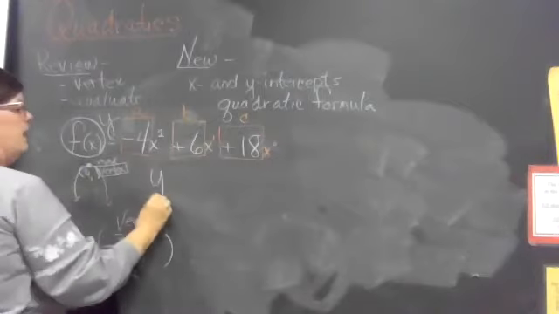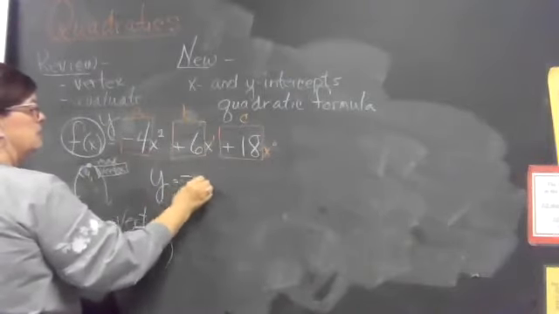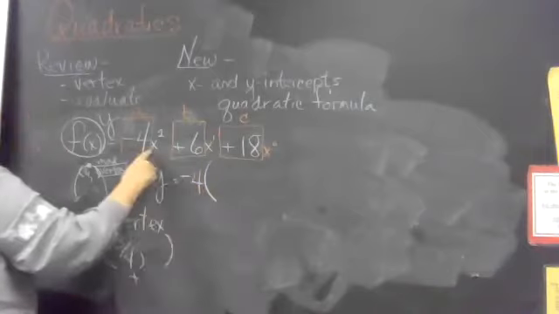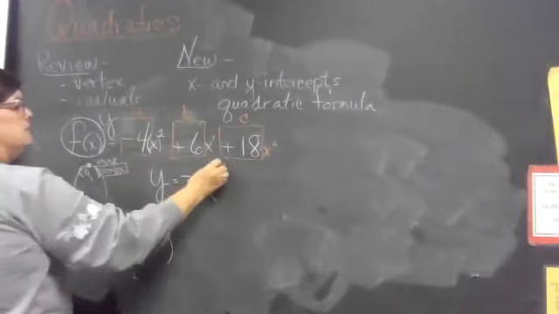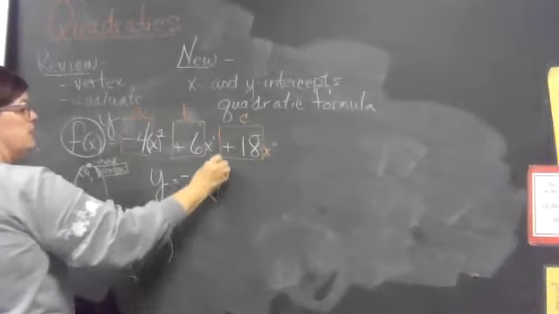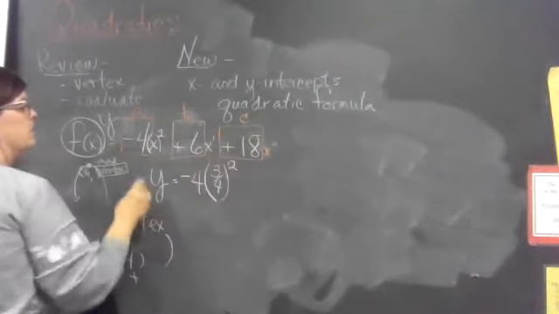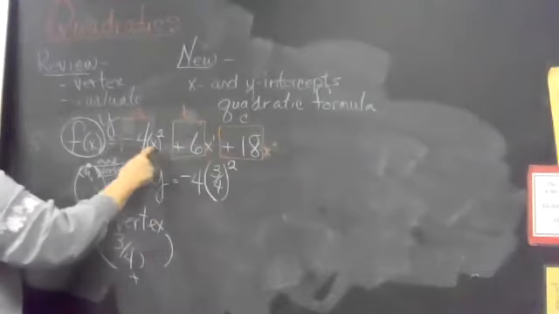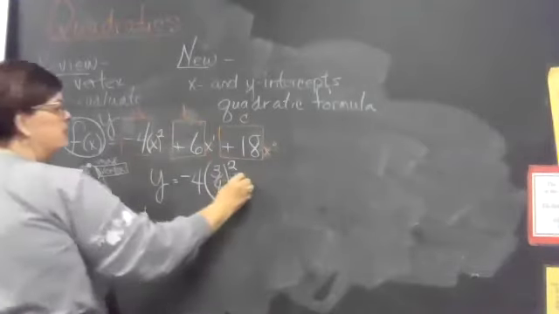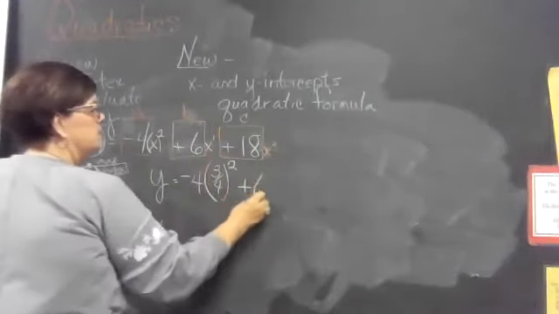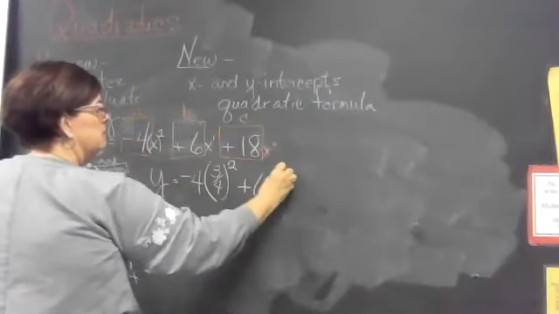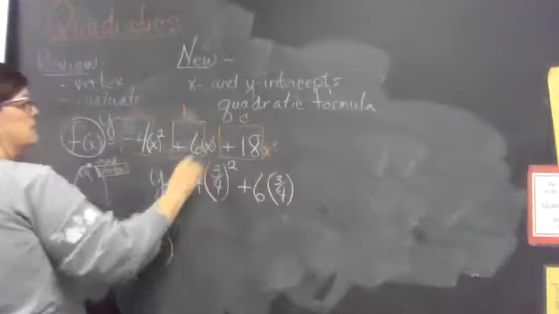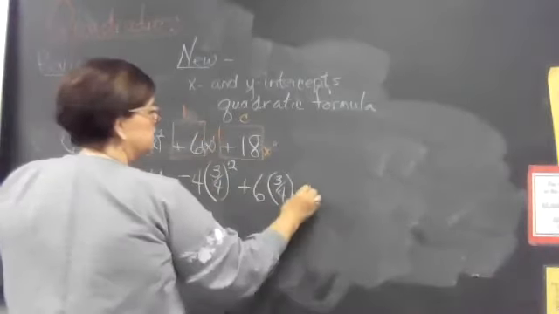We have y equals -4, and then where the x's are, we plug in. Use parentheses to plug in. I plugged in 3/4 for x, and it's squared, plus 6, plugging in 3/4, plus 18.